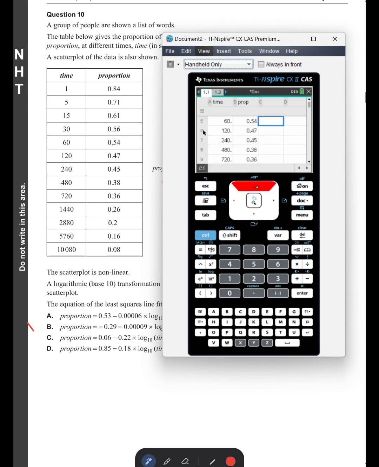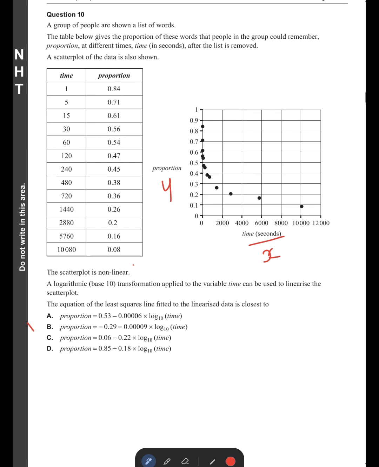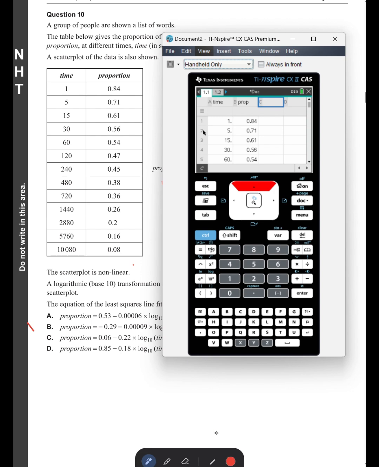So what we can do is say, well, a log base 10 is applied to time, and time is X. So I'm just going to call it LT for log T, and that's going to be log 10 of time. I called it time, so I'm going to type in time.